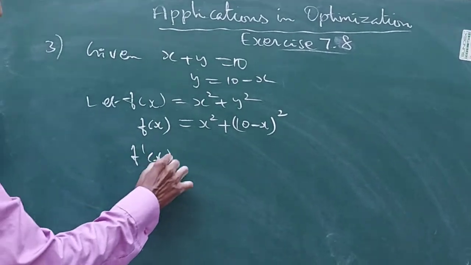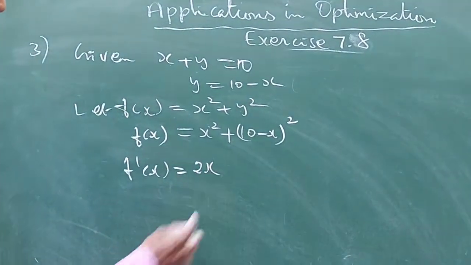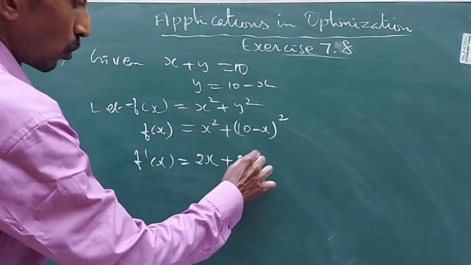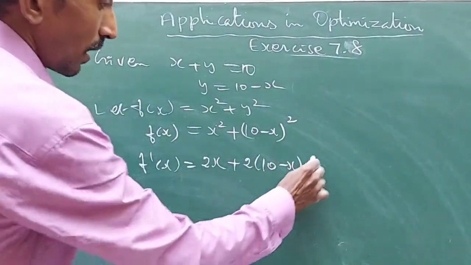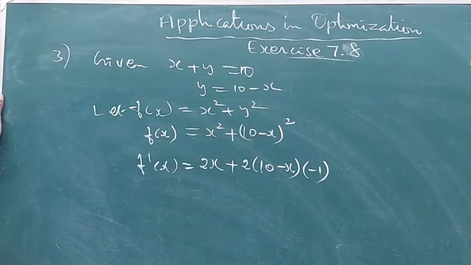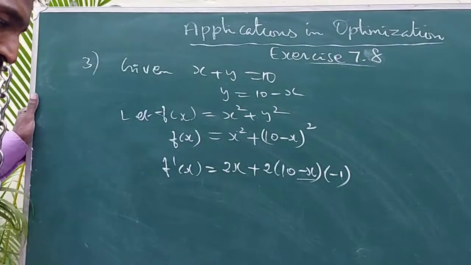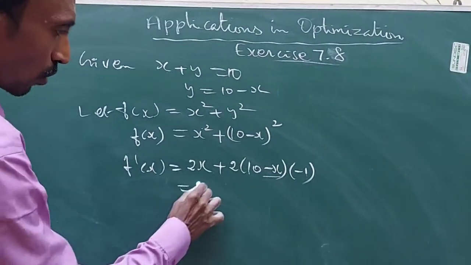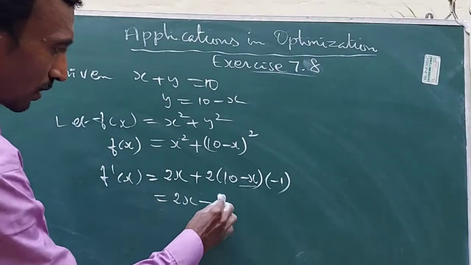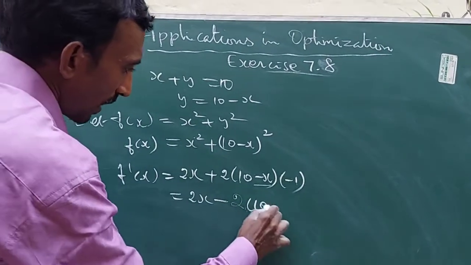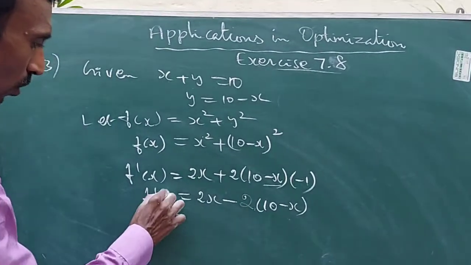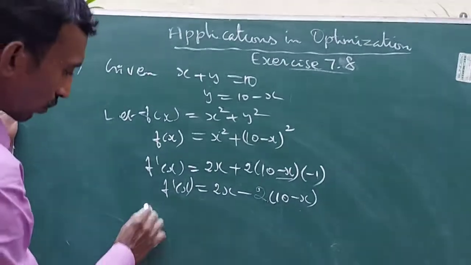So f dash of x equal to, differentiation is 2x. So 2 into 10 minus x into minus 1, function of function rule. First reduce the power and differentiation of minus x is minus 1. It is 2x minus 2 into 10 minus x. So again equate the first derivative to 0.